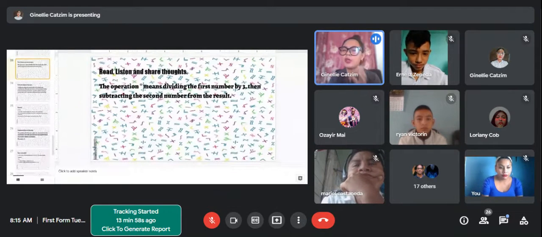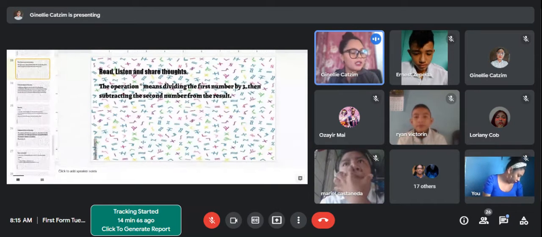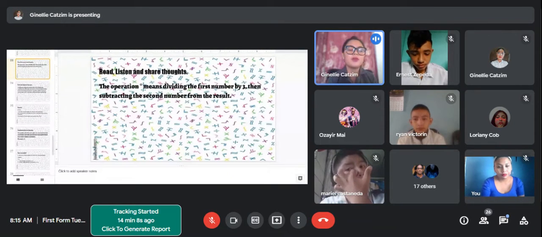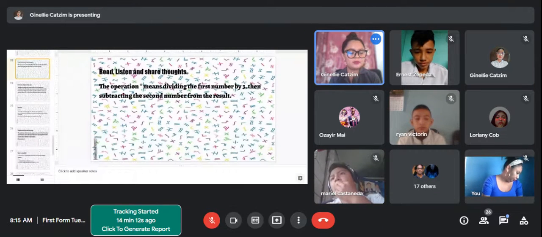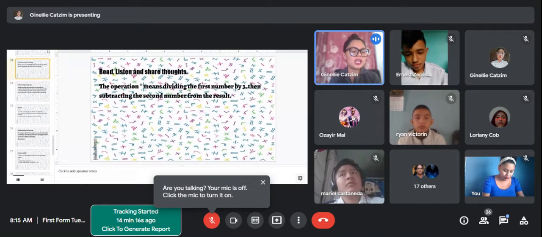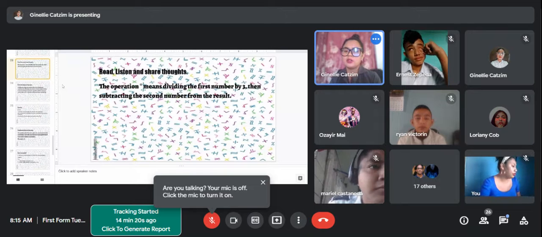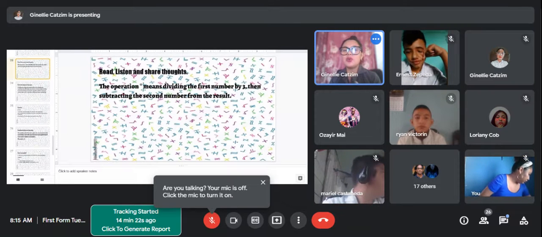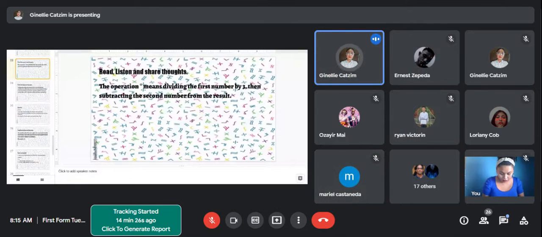What can we come up with when we hear this? The operation asterisk means dividing the first number by 3, then subtracting the second number from the result. What is happening here? What is it telling you? What information can you gather from this statement?